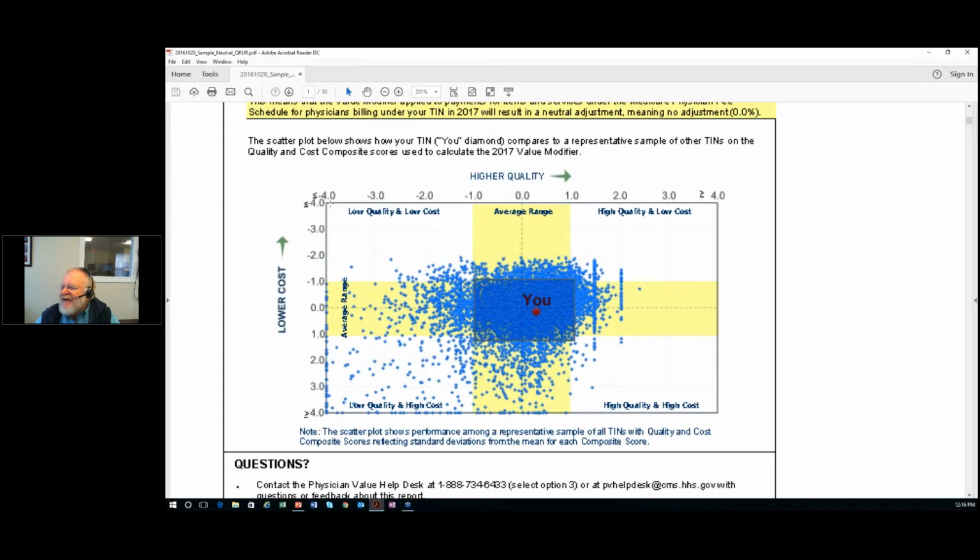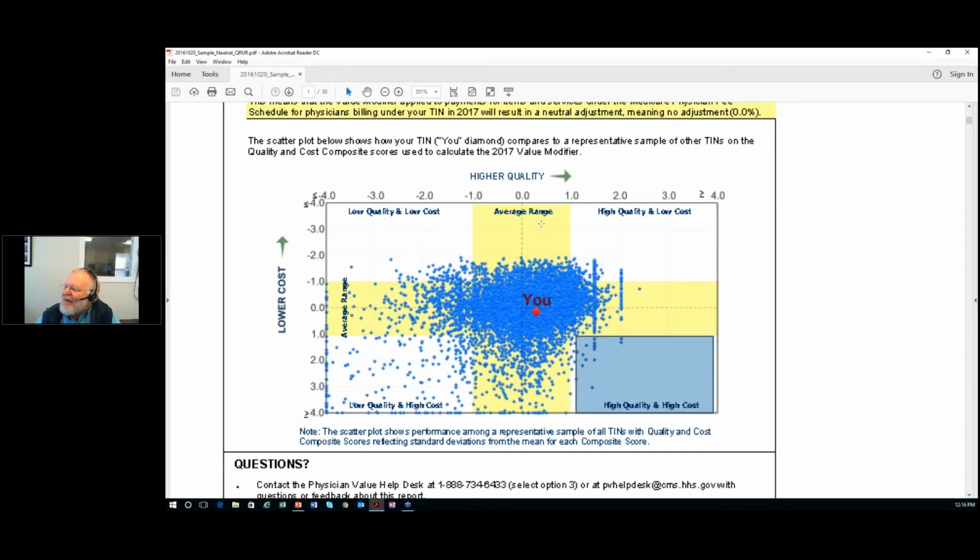In this box, a negative quality adjustment is offset by a good cost adjustment, and again, you're zero. In this box, a high quality adjustment is offset by a high cost negative adjustment, and again, you're zero. So anywhere in this center diagonal, you have no adjustment one way or the other.